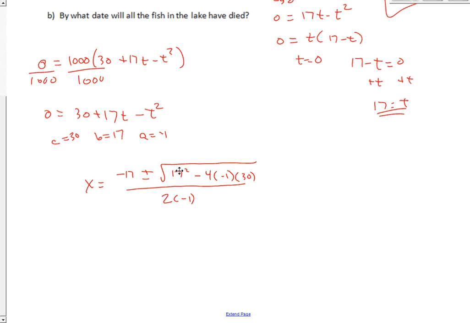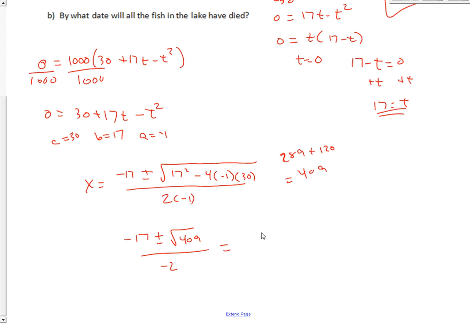And when I simplify the underneath part of the radical, I get 289 plus 120, which is 409. And so that gives me negative 17 plus or minus the square root of 409 over negative 2.